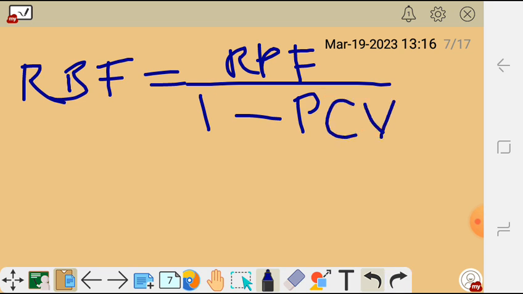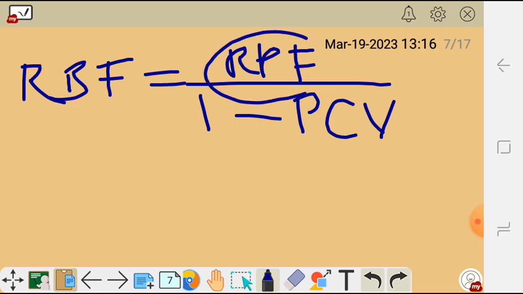If the PCV is in decimal form, like 0.2, you use 1, but if it is in percentage, you use 100. So this is the formula to calculate the renal blood flow.